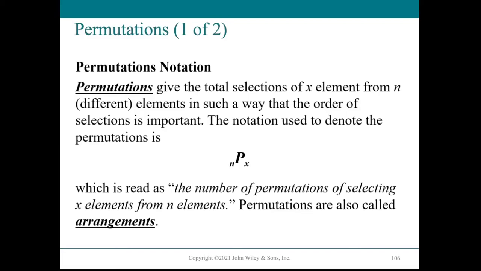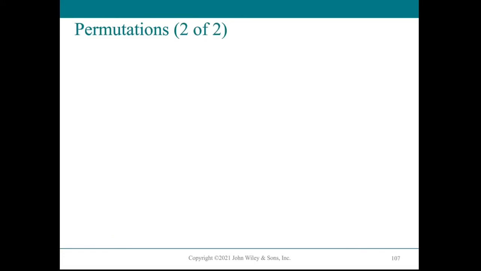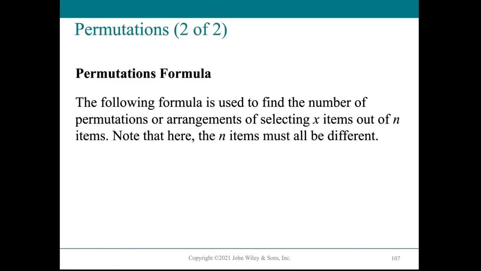The number of permutations of selecting x elements from n elements counts arrangements, because the arrangement here matters. So the following formula is used to get the permutations. The denominator is smaller here because there are many more possible arrangements.